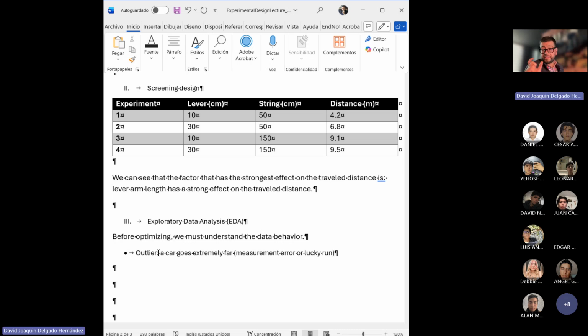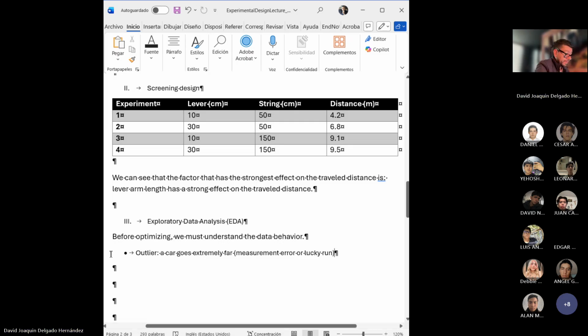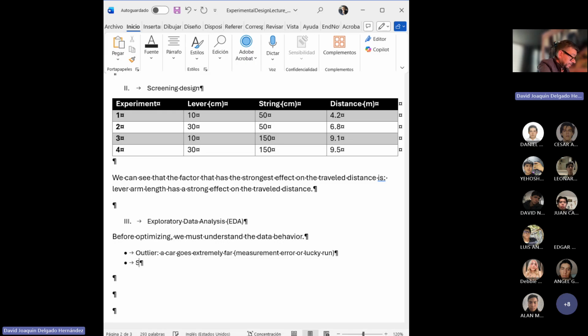So an outlier is data that is out of the expected range, okay? What else can we say here? The skewness is related.